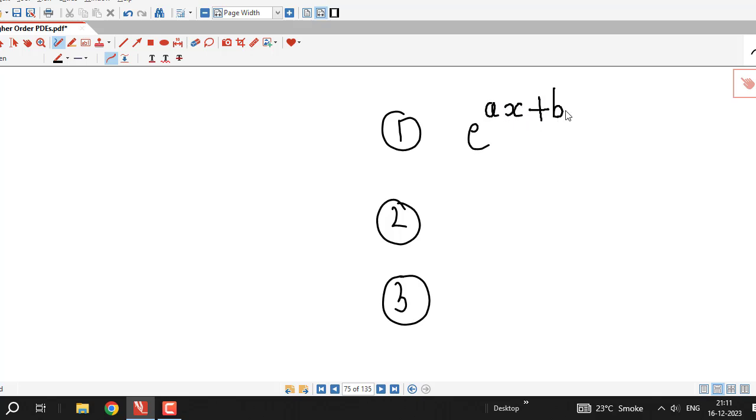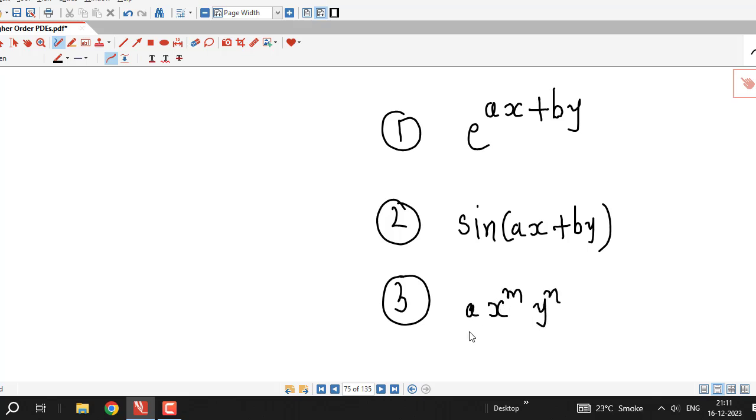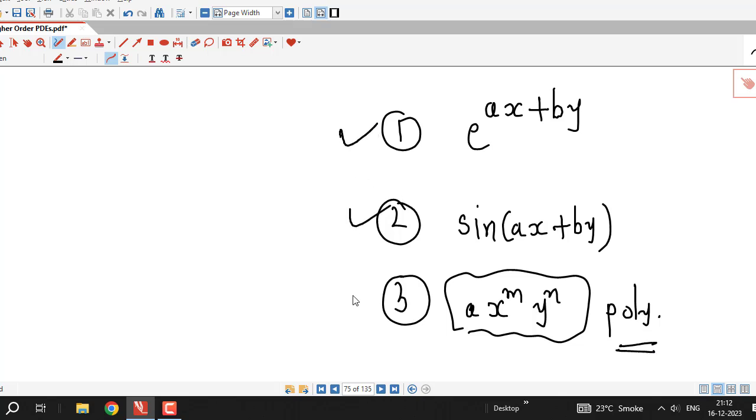The first one was the exponential function, the second one was sine or cosine, but in the form sine of ax plus by or cosine of ax plus by. The third one is where each term of f(x, y) is in this form, or we can simply say a polynomial function in x and y, and in each of the 3 cases we have different methods for finding the particular solution.